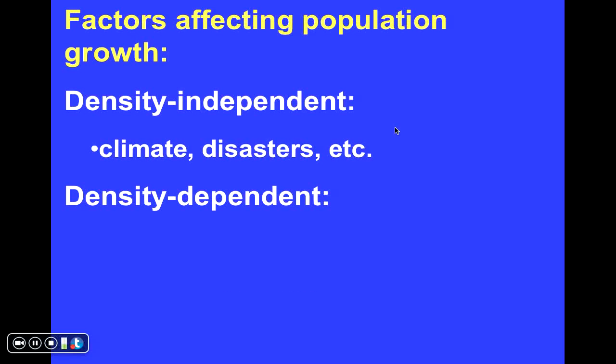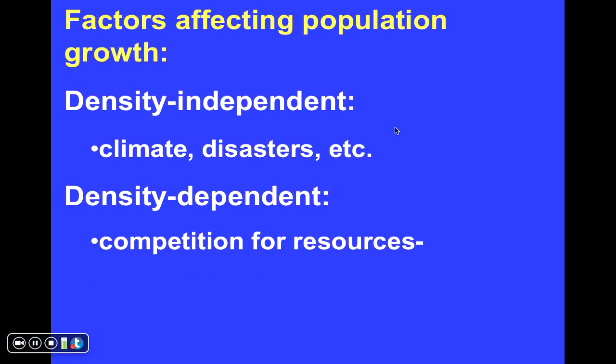On the other hand, we can identify various density-dependent factors. So these are things that really matter depending on how dense or how large the population size happens to be. So you can imagine the more individuals there are in a population, of course, the more competition there is for resources, mates, and so forth.